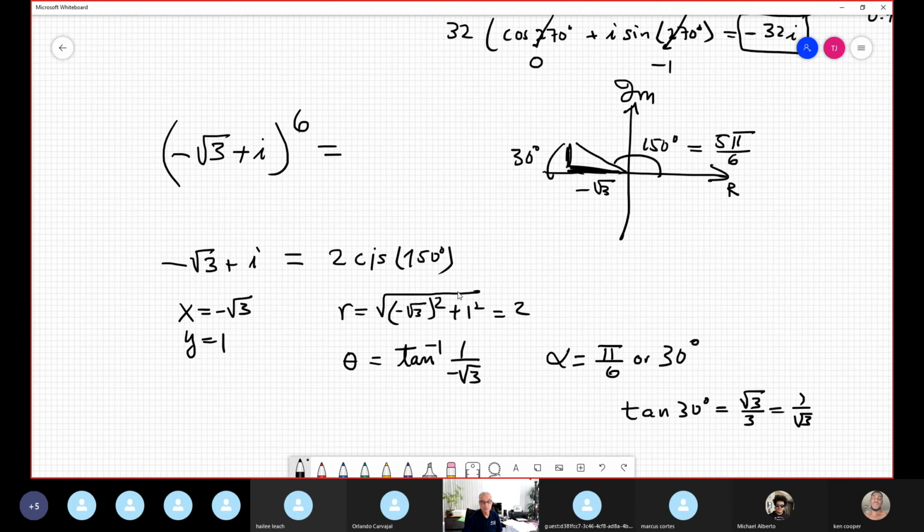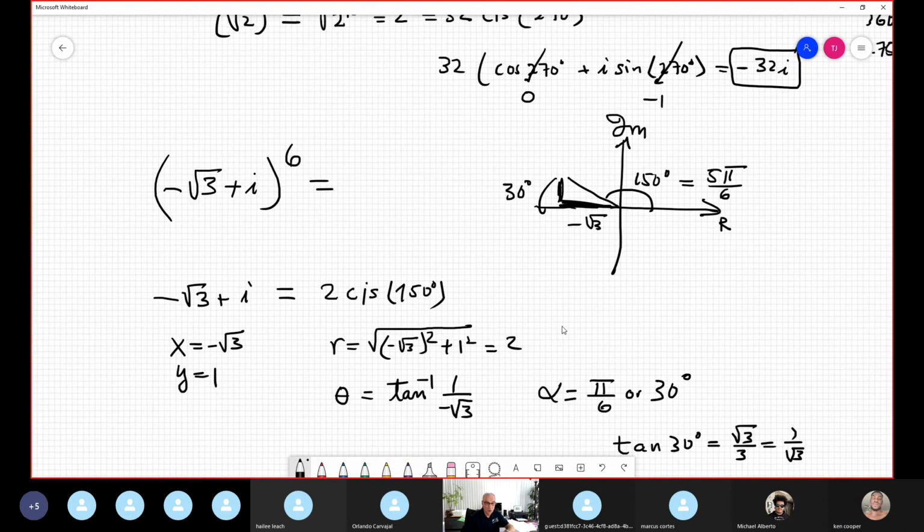Super. Yes. Now the crucial moment. Sound the drum. Crucial moment. You raise to the 6th power. According to De Moivre's theorem, you raise 2 to the 6th power and you multiply 150 times 6.